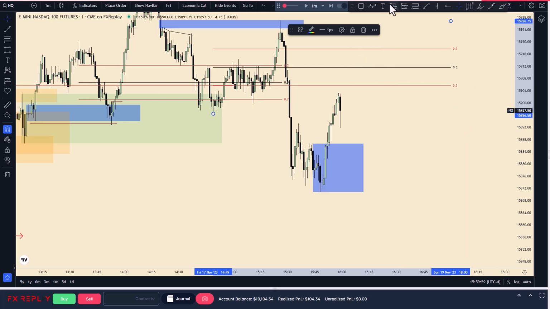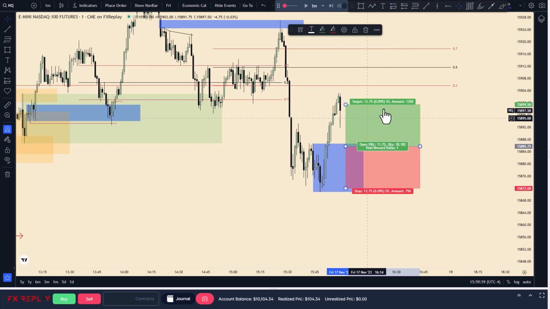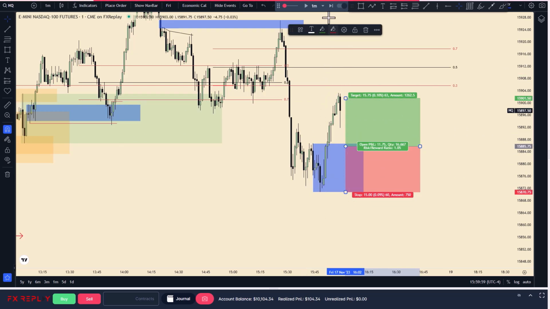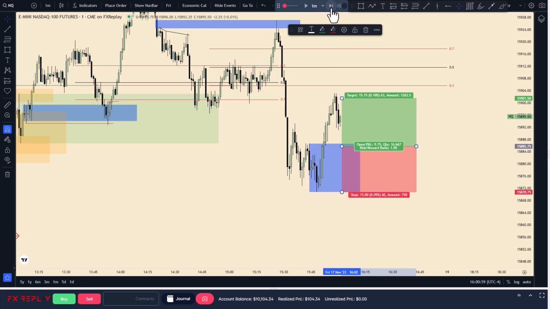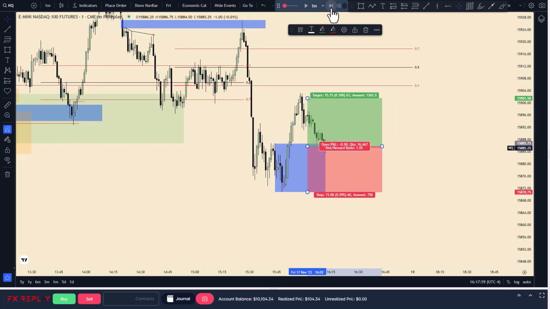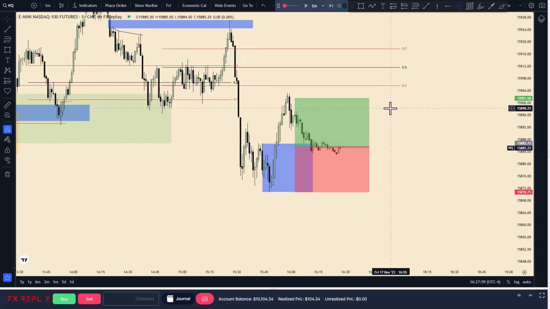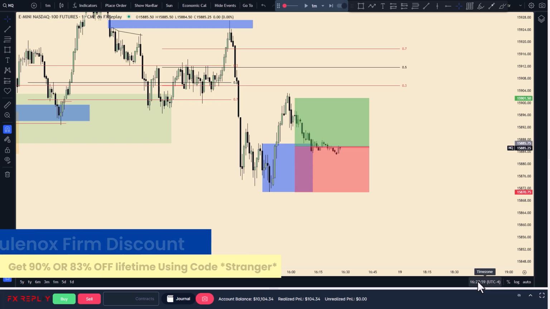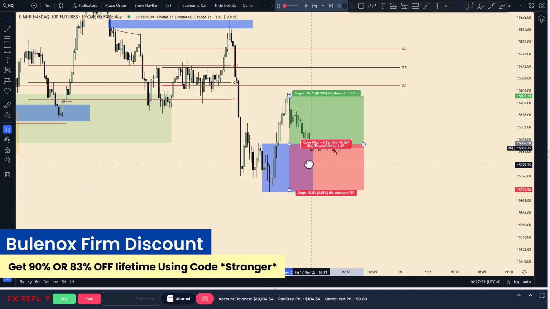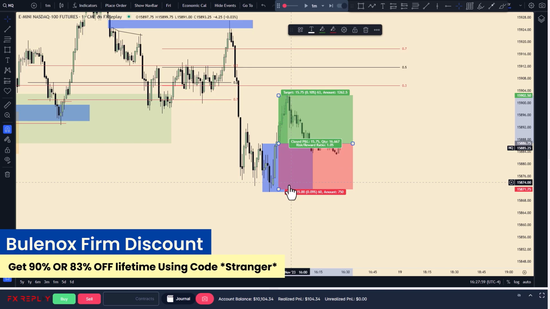So let's see if price is gonna give me a retest. Okay, so it did give me the retest, but I'm sorry, unfortunately we don't have time left on the New York session, but this was supposed to be the entry from here.